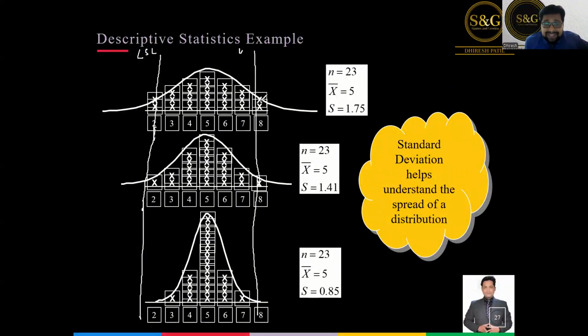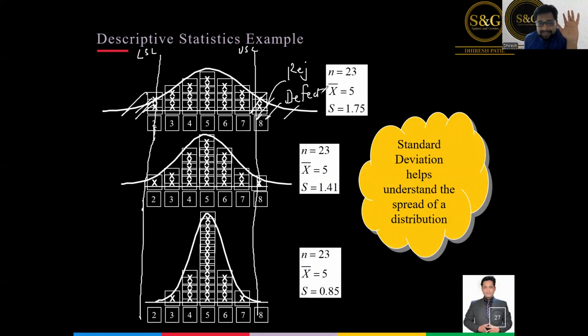Now, anything which goes beyond the specification limit is what? Type in the chat box. Yes, it's rejection, it's a defect, it's an error.